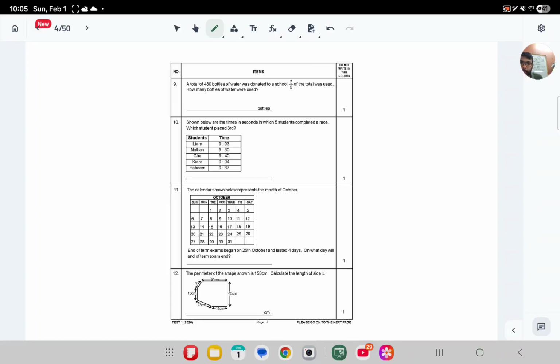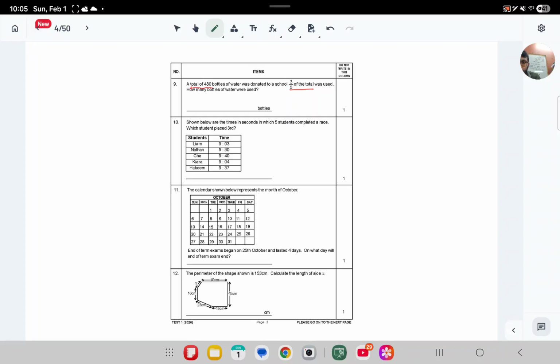Number 9, a total of 480 bottles of water was donated to a school. 3/5 of the total was used. How many bottles of water were used? So simple, we use the mathematical terms here, which is 3/5 of the total. 3/5 of means to multiply the total.